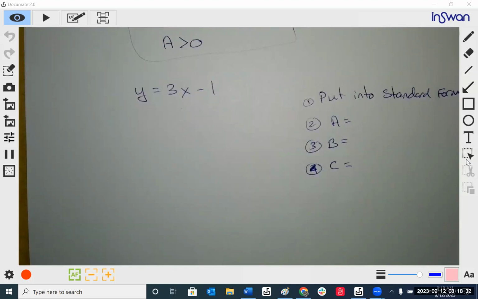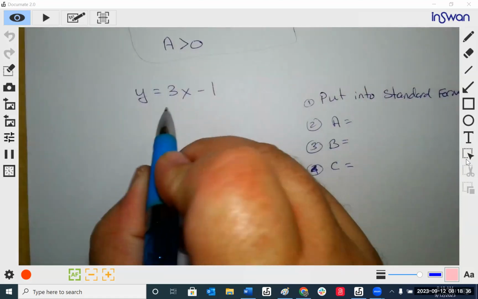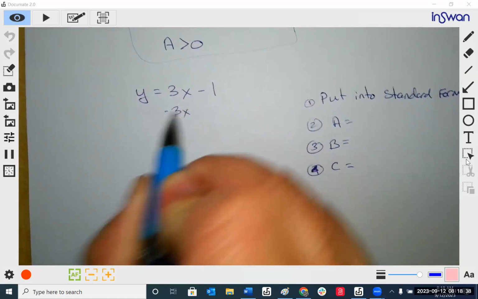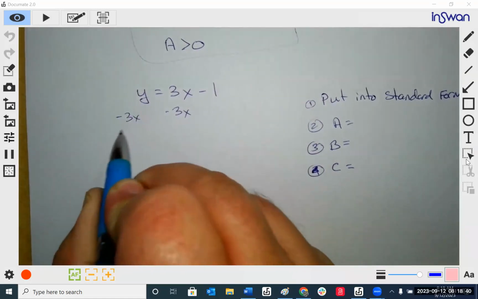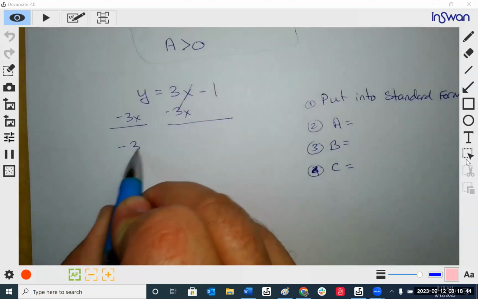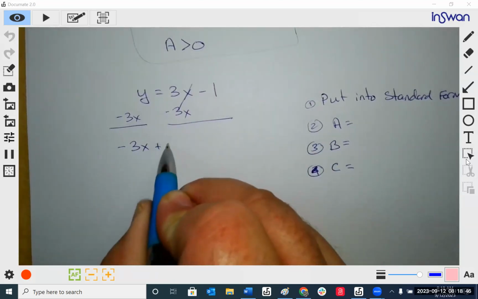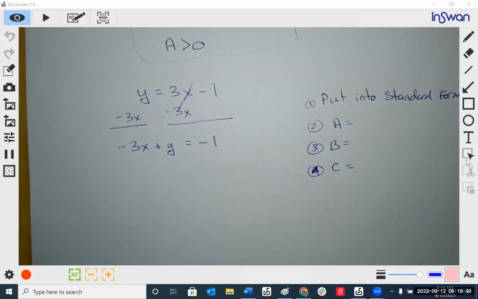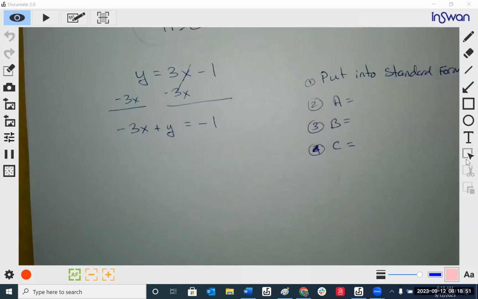So what's the first thing you have to do? Move the 3 over. So I subtract 3x from both sides. I have negative 3x plus y equals negative 1. Second step. Is it in standard form?